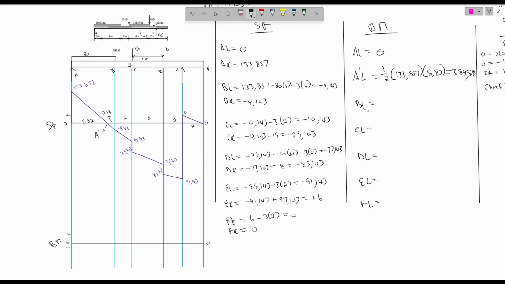Then B left we have 389.524 minus 1 over 2, 4.143 times 0.18. Then we get 389.151. Bring it down here.